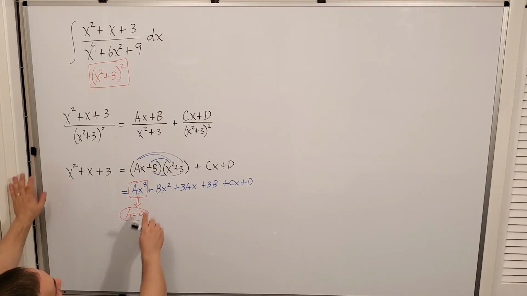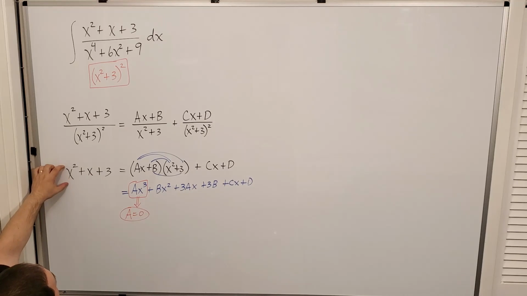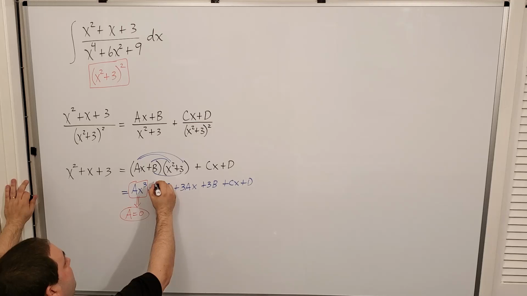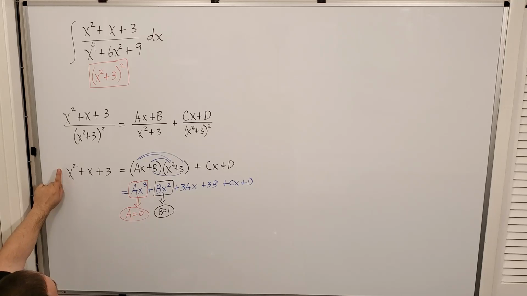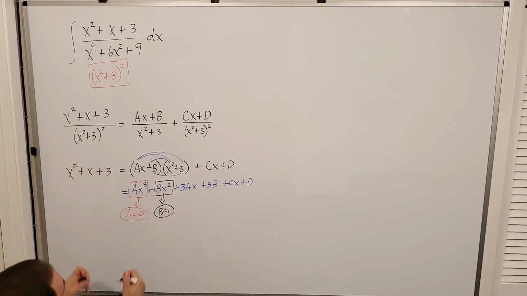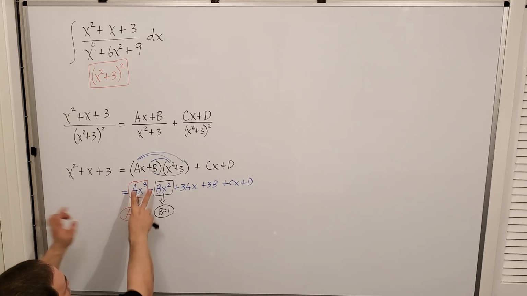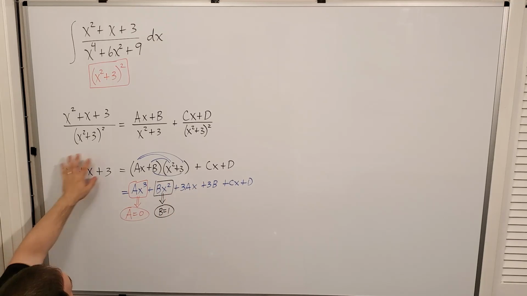Next, bx squared is the only x squared here, and there's a 1x squared over here. So that directly tells me immediately that b is 1. And for these to be equal, both of these have to be true, because there's no other cubes or squares to be equal to the cubes and squares over here.